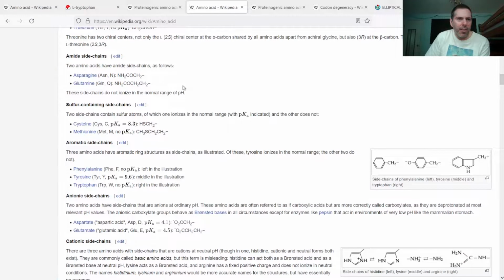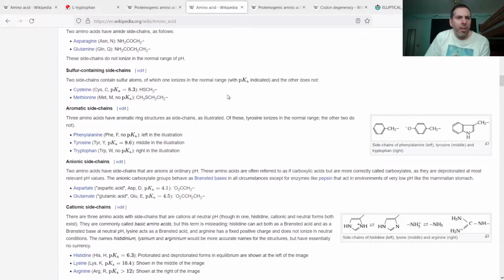Amide side chains, asparagine, glutamine, have the oxygen with the double bond and the nitrogen at the end of the side chain. Sulfur containing, although cysteine and methionine, the sulfur kind of plays different roles. The methionine has a methyl group after the sulfur, and cysteine just has the hydrogen after the sulfur.